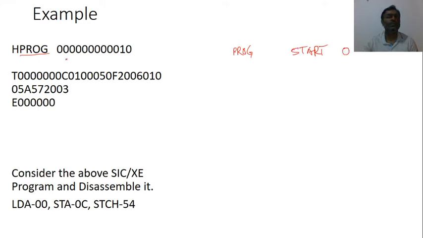You can see here the starting address is 000000. That means the start address is 0. And this is the size of the object program, 000010. Our first text record starts from the address 000000. That means our object code starts from the address 0000.